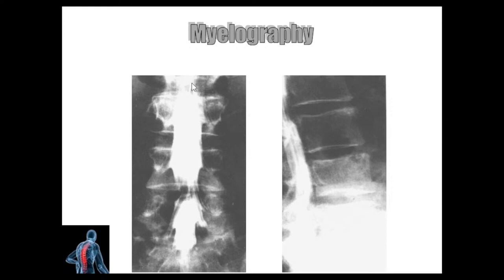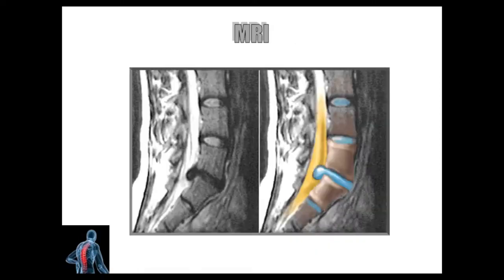You can see accumulation of the cerebrospinal fluid above the level of compression and below the level of compression. So that means that probably on that level, in between those two vertebrae, right here, we have an intervertebral disc hernia. Not a very common method at present time. Why? Absolutely right, because we have MRI.